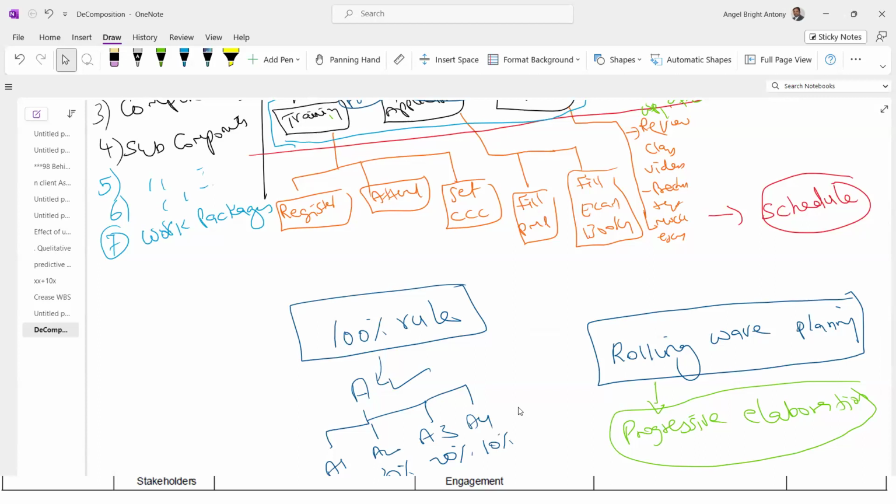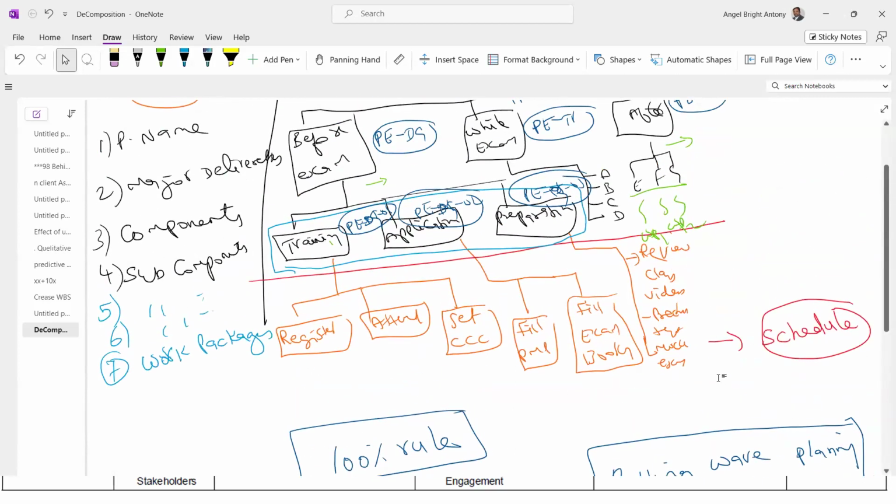By the way, if you leave your decomposition at a higher level, right here, EFG, they are not your work packages. I have to further decompose, but I don't have information, so I'm leaving them at a higher level. Then those components are known as planning packages.